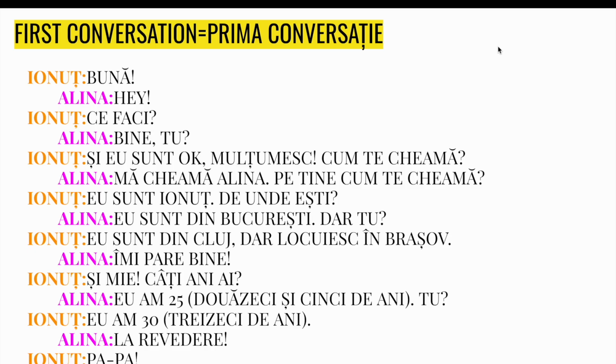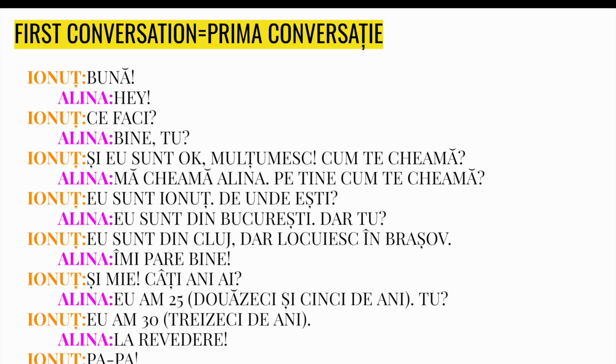Bună! Hei, ce faci? Bine, tu? Și eu sunt ok, mulțumesc. Cum te cheamă? Mă cheamă Alina. Pe tine, cum te cheamă? Eu sunt Ionuț. De unde ești? Eu sunt din București. Dar tu?